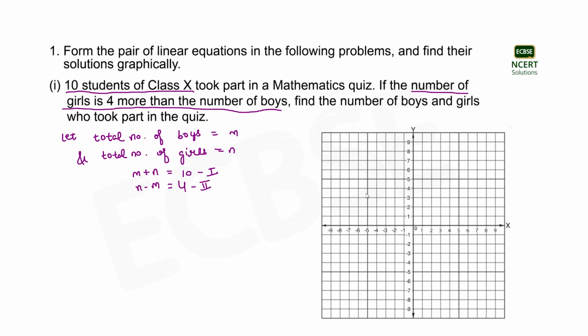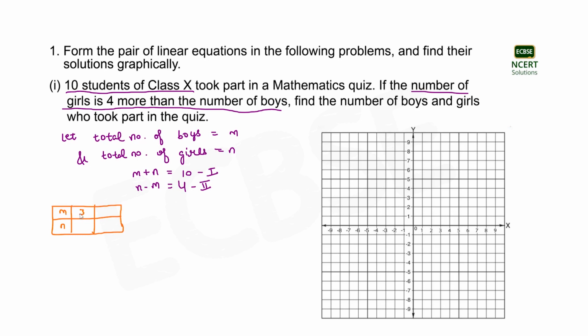Now the next step to represent these linear equations over the graph is to draw the table for these two linear equations individually. So starting up with the first linear equation, that is m plus n is equal to 10, here we will draw the table between the variables n and m. So here it will be m and here it will be n.